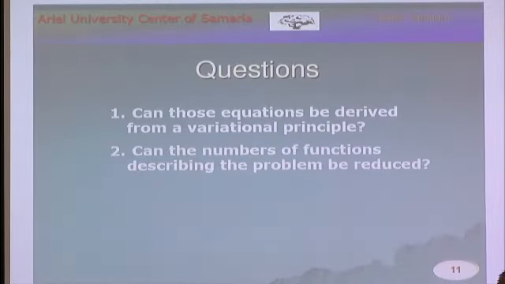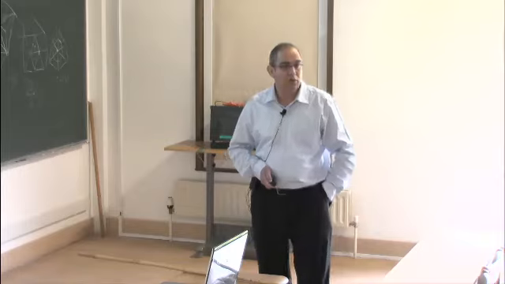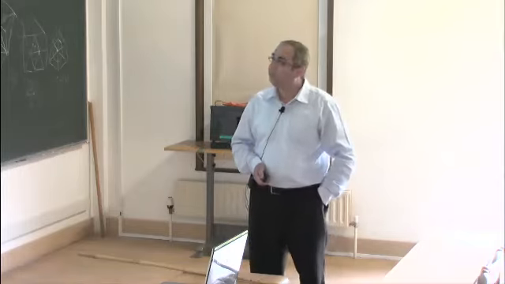Now I'm going to ask 2 questions. Can those equations be derived from a variational principle? And can the number of functions describing the problem be reduced? Reduced meaning less than 7.